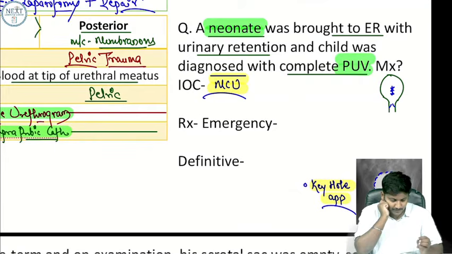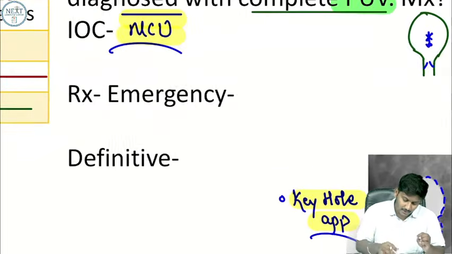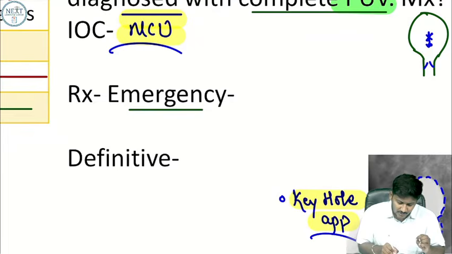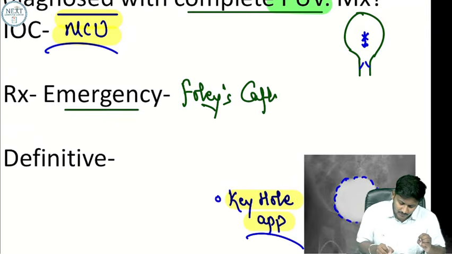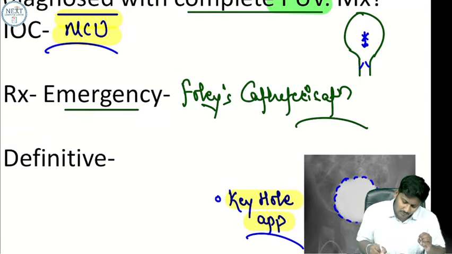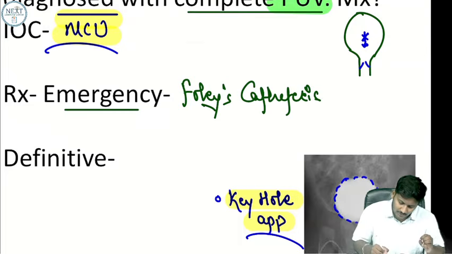So we know whenever a patient has a posterior urethral valve, the child will have urine retention, and the emergency treatment is nothing else but insertion of a Foley's catheter. Will this valve allow a Foley's catheter to be inserted? Yes. Reason: this is a one-way valve. It will not allow the urine to come outside, but if you try to insert a Foley's catheter, it can easily go inside.